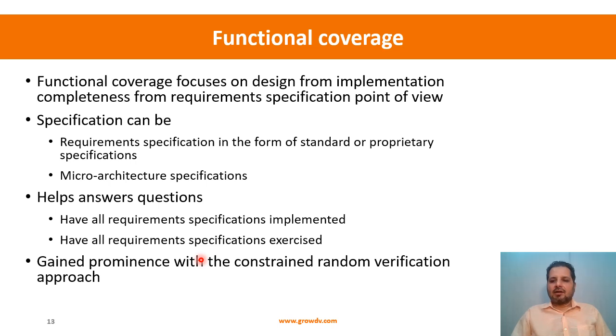And functional coverage has gained prominence predominantly with the rise of constrained random verification, because in constrained random verification the nature of the stimulus is random. Although you have defined the constrained random to target the critical space in your design, there is no guarantee that it is really going to do that.